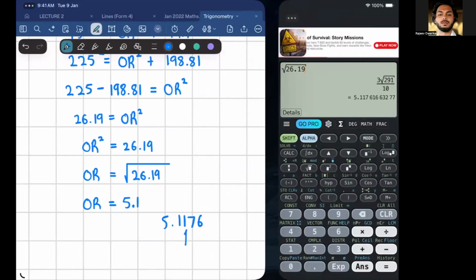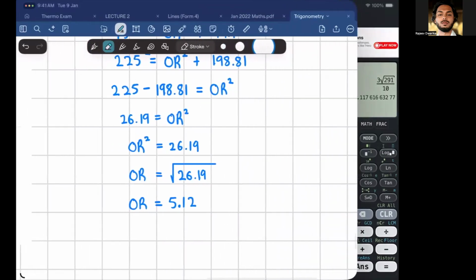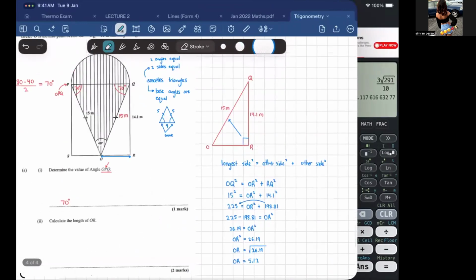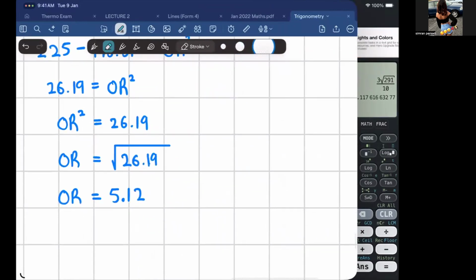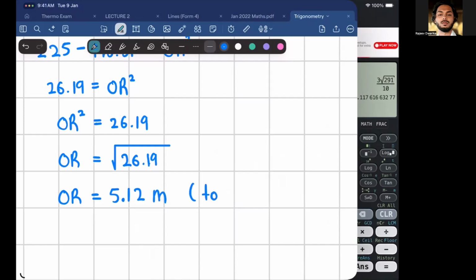The second decimal is 1. What's the number after 1? 7. We're going to increase the 1. So it's going to be 5.12. Right. And the units? What were the units? Meters, right? And you would say in brackets, to 2 decimal places. That's that.